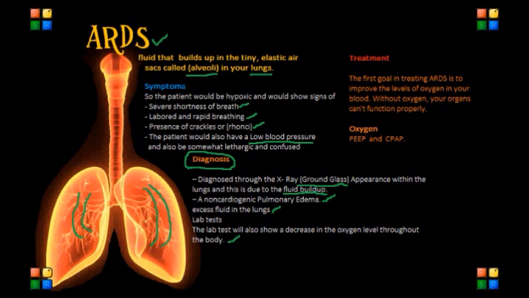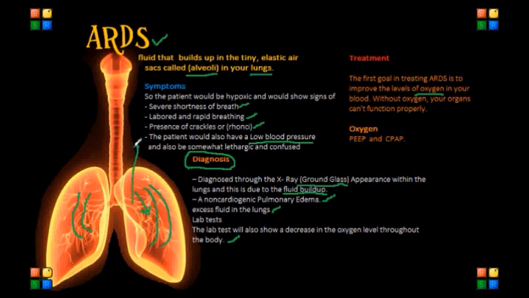Now let's go to treatments. The first goal in treating a patient with ARDS is to improve the levels of oxygenation in the blood, because without oxygen, the organs can't function properly. There are various ways that we can give supplemental oxygen, and that includes mechanical ventilation. The mechanical ventilator pushes air into the lungs and forces some of the fluid out of the air sacs.